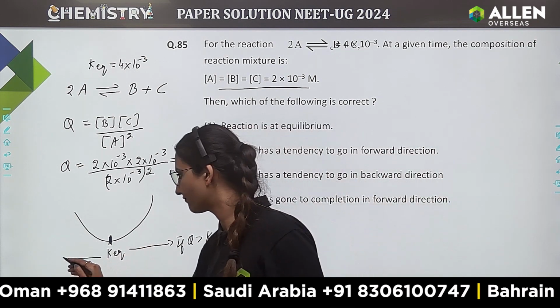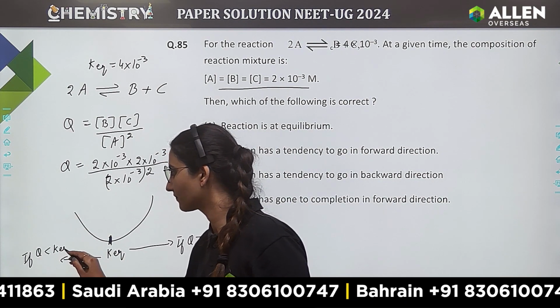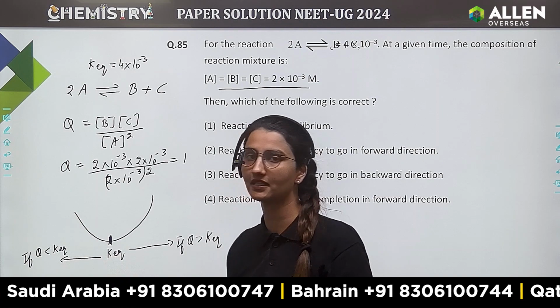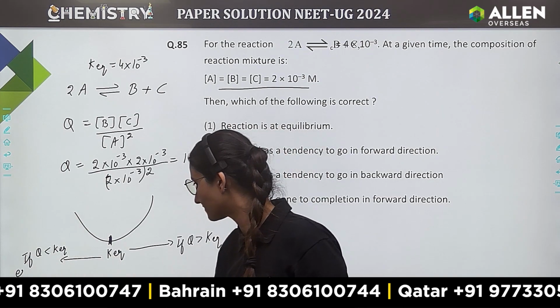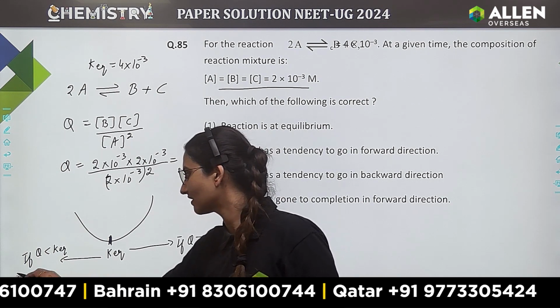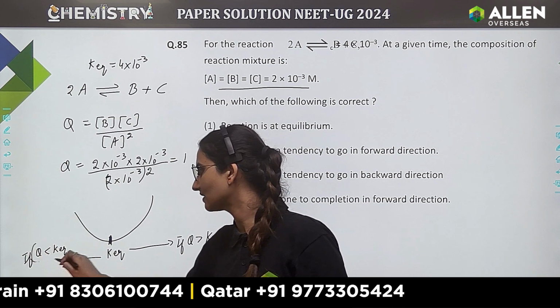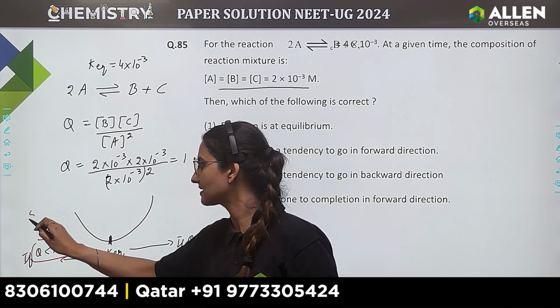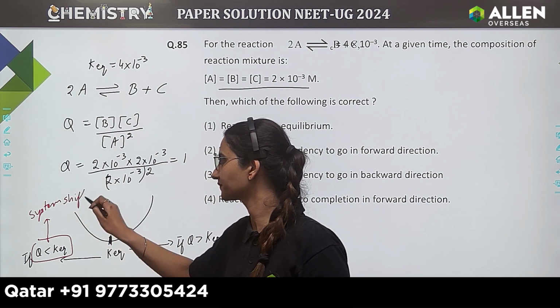And if Q is less than K equilibrium, the system wants to reach K equilibrium, so here the system shifts in the forward direction.